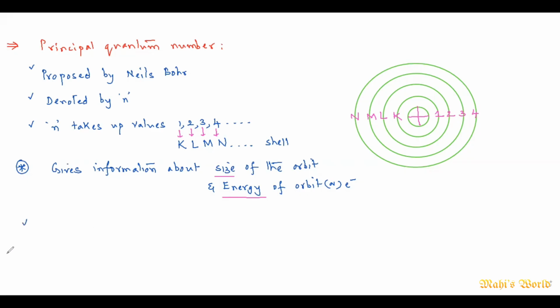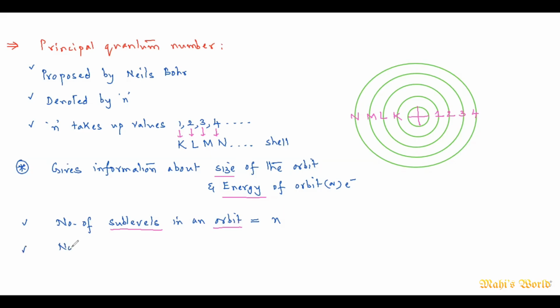Next, I have three relations to explain, which we will be using while writing the table. The number of sublevels in an orbit can be given as n. If you want the number of sublevels in an orbit, you can just take it as equal to the value of n straight away.